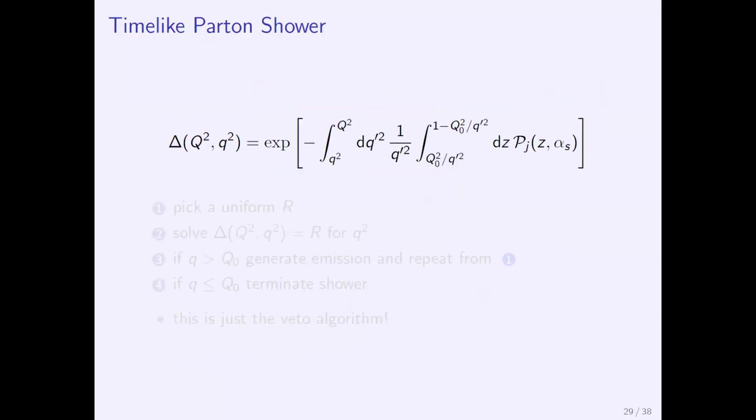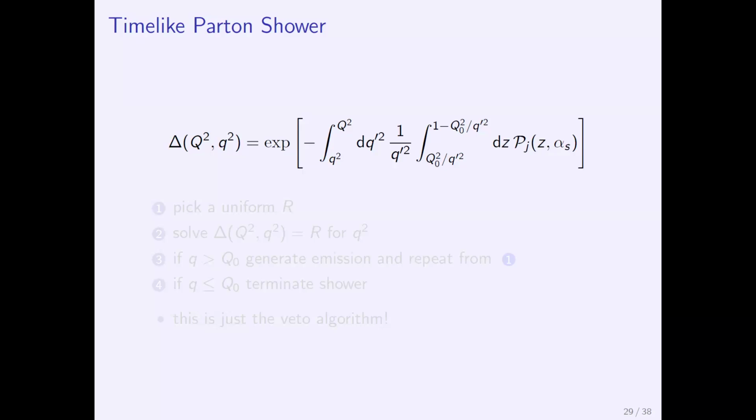Okay, so now that we have this idea of these splitting kernels, we want to be able to iteratively produce basically a quark emitting a gluon, or a gluon emitting two gluons, or a gluon splitting into a quark and an antiquark. This is effectively just DGLAP evolution. It's a Markov chain formulation of DGLAP evolution. So how do we algorithmically go about and calculate that?